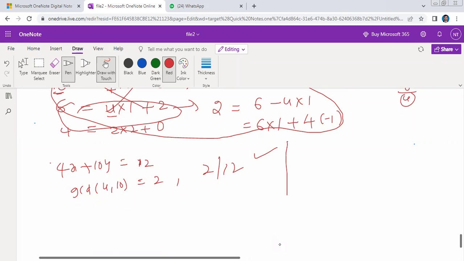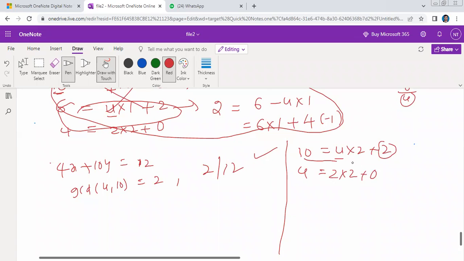Let's try it here. Bigger number is 10. 10 divided by 4: 4 into 2 plus 2. So here the remainder 2 came. Next, 4 can be written as 2 times the remainder, into again 2 plus 0. Right?